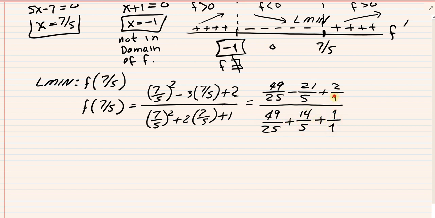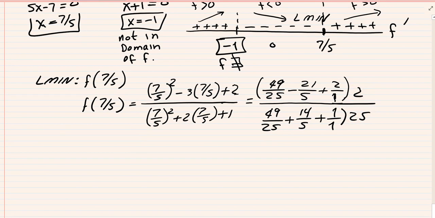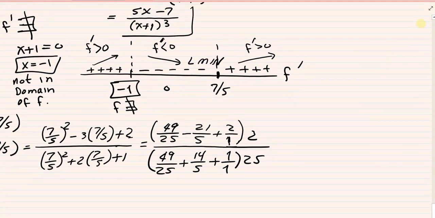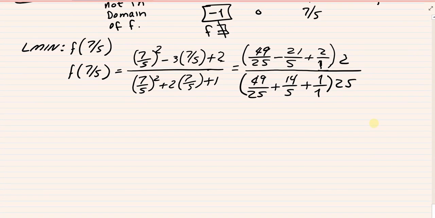The reason I'm writing 2 and 1 like this, I'm going to multiply top and bottom by 25. And when I distribute 25 times 49/25, that's just 49 minus 21 plus 50 all over 49 plus 14 plus 1. See, the fractions go away.